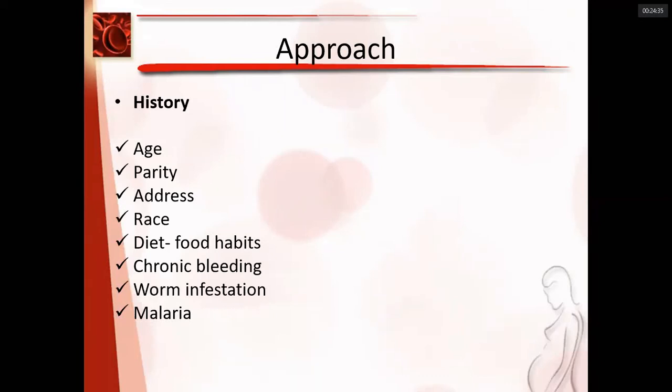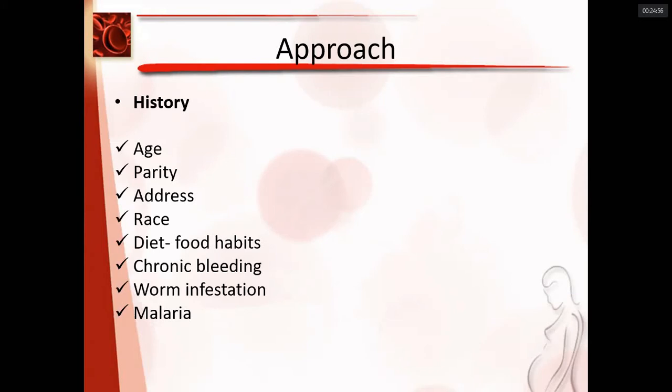Parity is important, as the greater the parity, the greater the problems of anemia, because they have not been able to restore their iron status. And again, multiple pregnancies at short intervals is one of the most important risk factors.